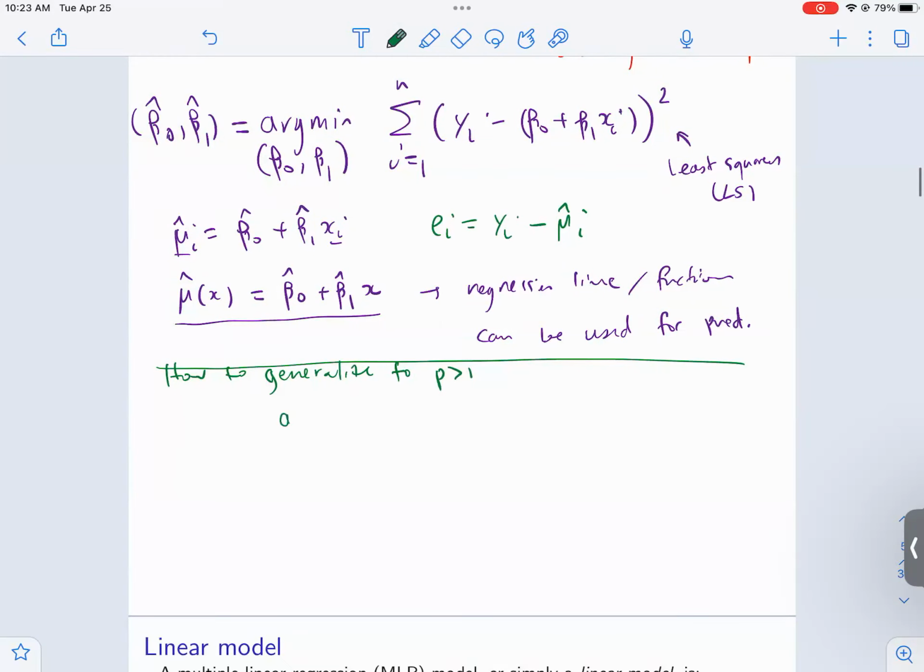I would have argmin over beta 0, beta 1 up to beta P, summation i from 1 to n, of yi minus, this is going to be beta 0 plus beta 1 xi1 up to beta P xip. So that's the regression part. Squared. So this is the error. Then just update this part by adding everything.